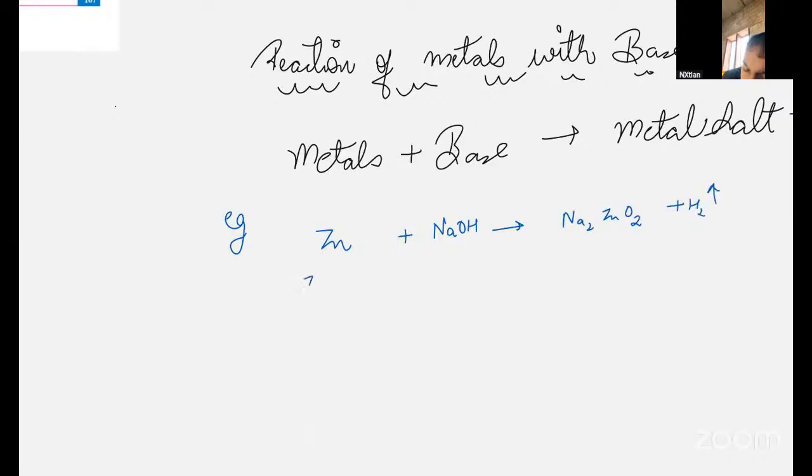So this is zinc. This is sodium hydroxide. This is sodium zincate. This is H2 gas.